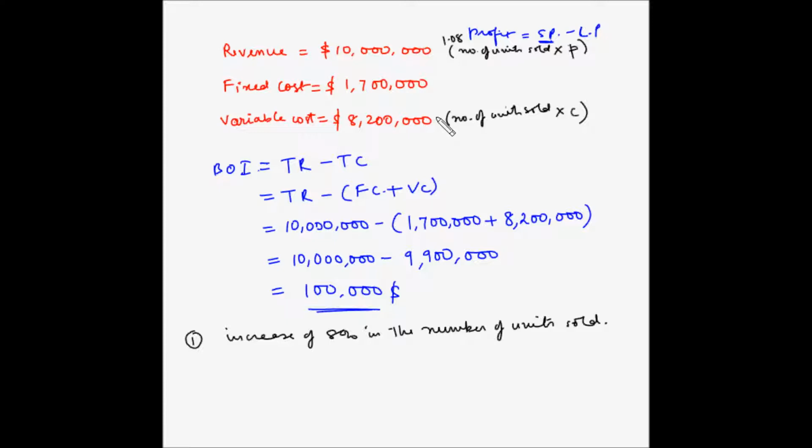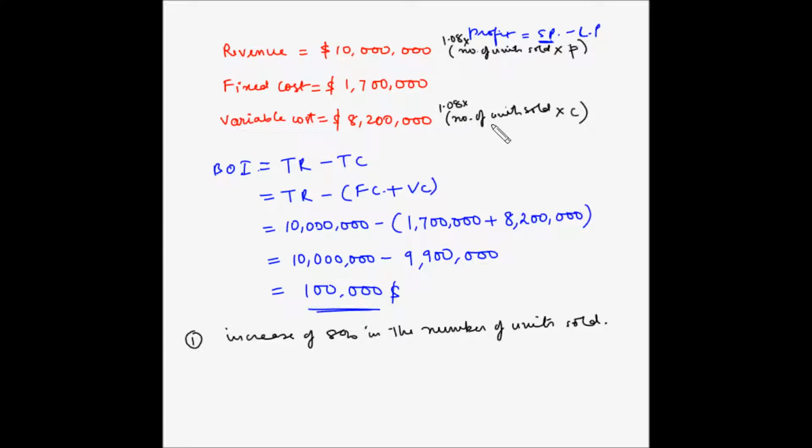And what that means is that you will incur a cost or an additional cost for that 8% to be manufactured, which will increase your variable cost. So what this means is that the number of units sold is increasing by 8%, means that we'll have to multiply this by again 1.08.